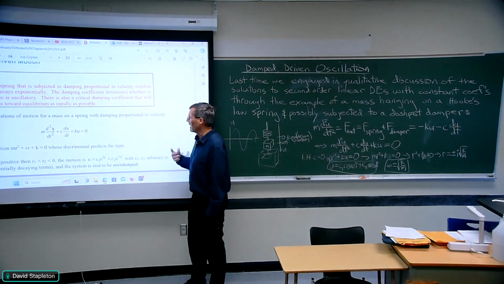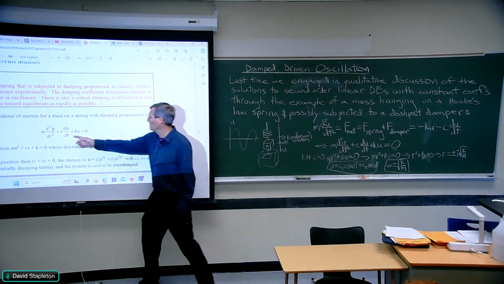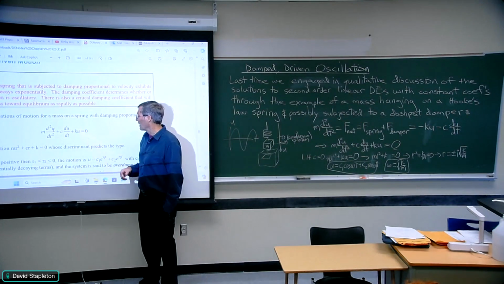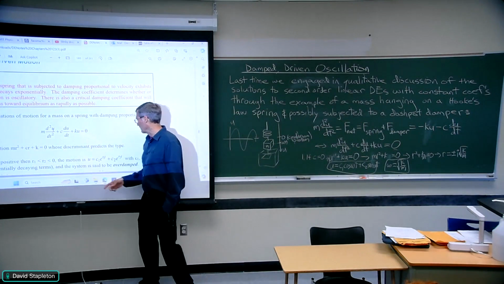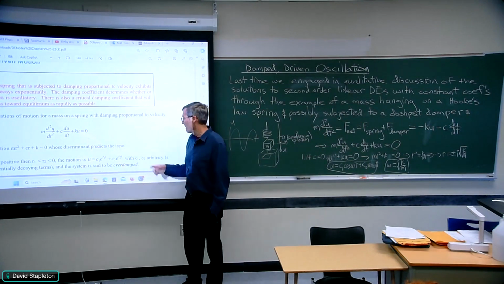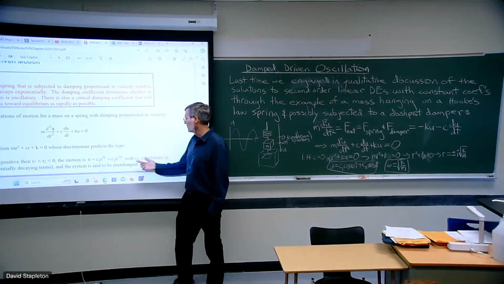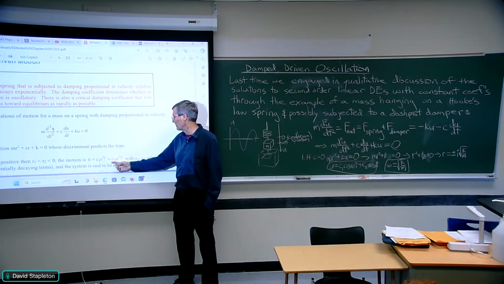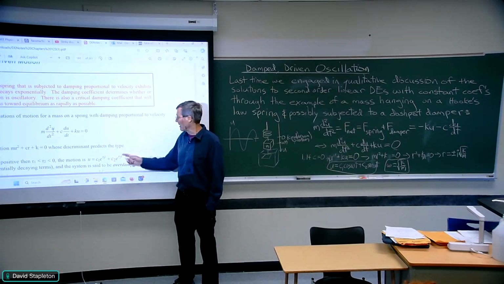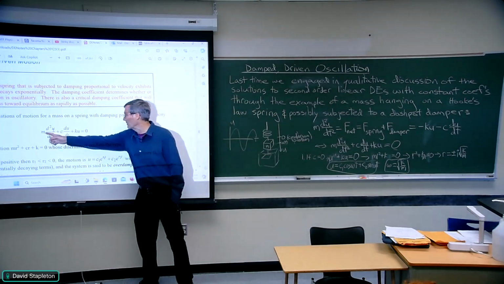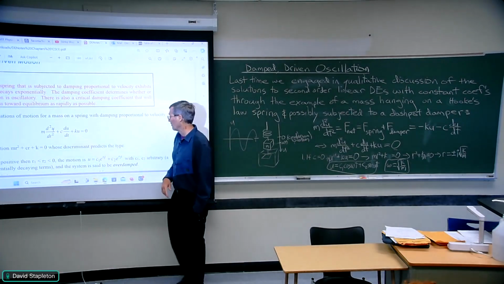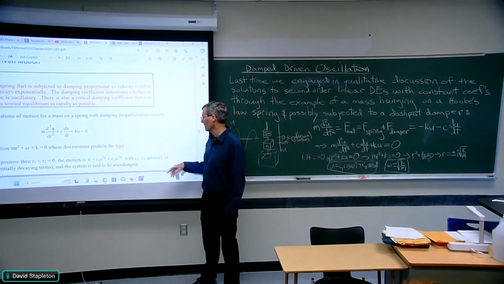If these constants m, c, and k are all positive, there are only 3 possible cases. Unequal real solutions give C1 e to the R1t plus C2 e to the R2t. We previously discovered that R1 and R2 are both negative by reason that M, C, and K are all positive. You can show that, it's not hard.